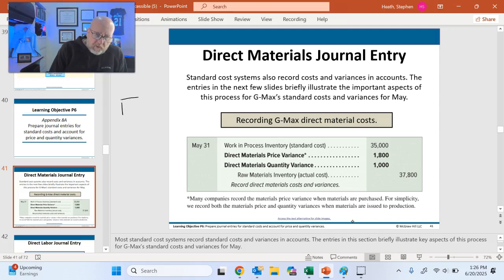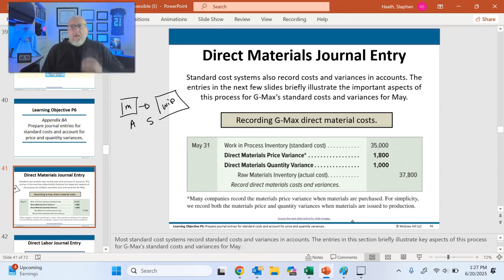And so if we just recall, we have material goes into work in process. Okay. So what's going to happen is everything is going to come out at actual and go in at standard. So what we're actually doing here is we're going to take $37,800 of actual material and put it into work in process at the standard cost.